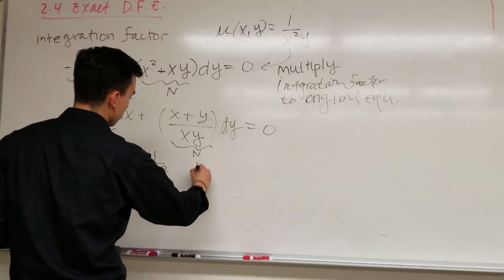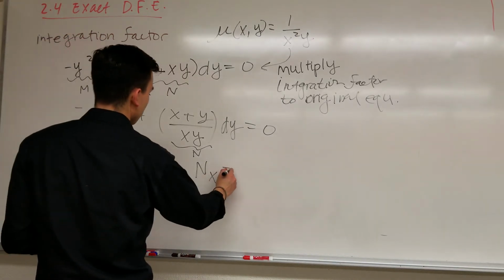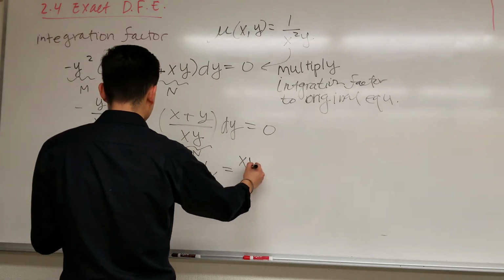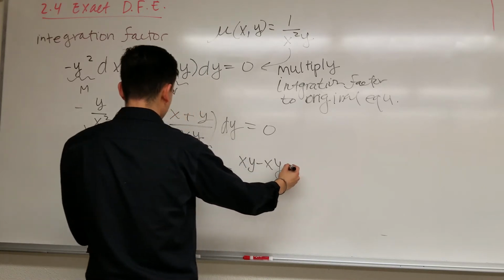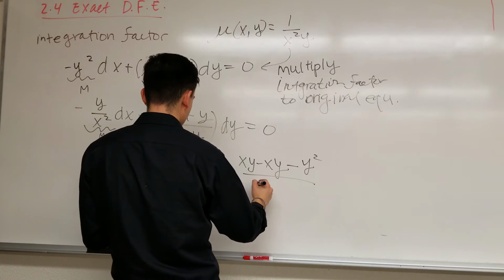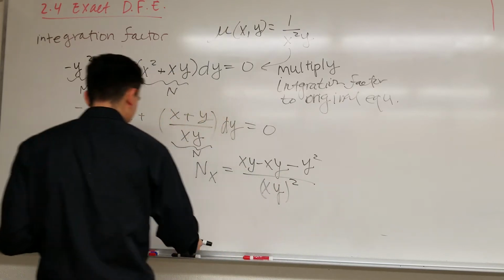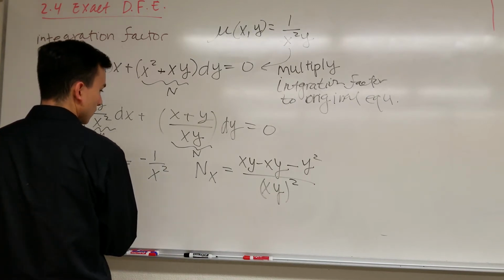And if we take our partial of N with respect to x, we are going to get xy minus xy minus y squared over xy squared.